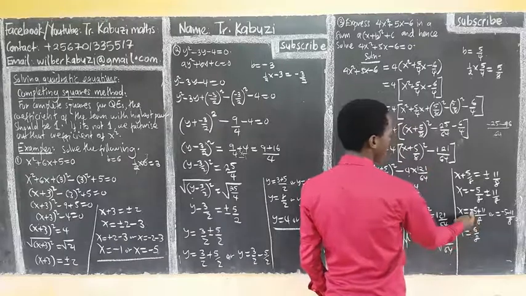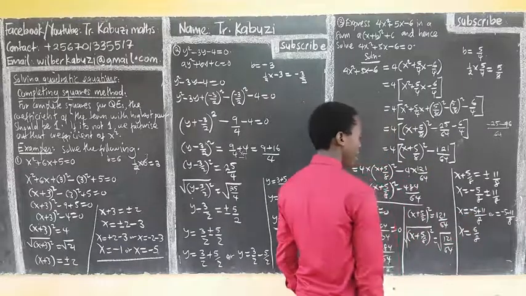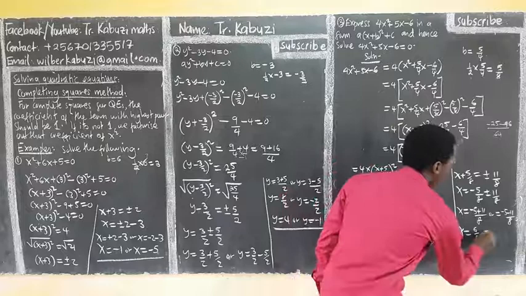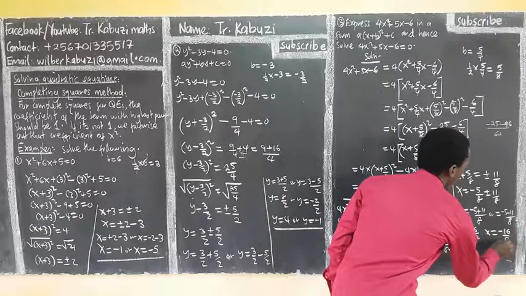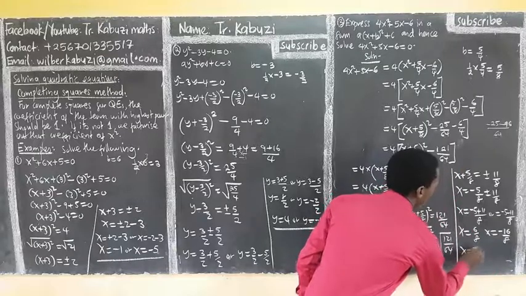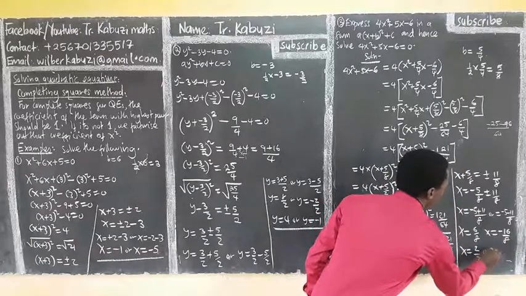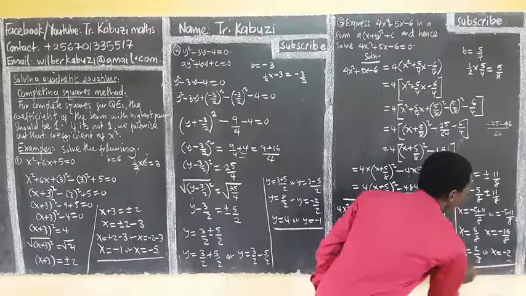When you simplify, negative 5 plus 11, you get 6, or our x here will be negative 16 over 8. So here our x will be 3 over 4, or our x here will be negative 2.